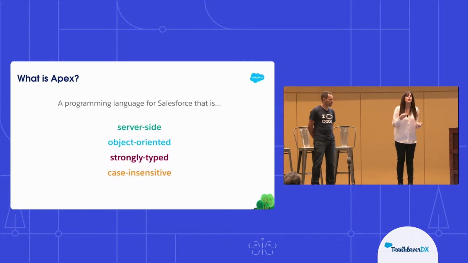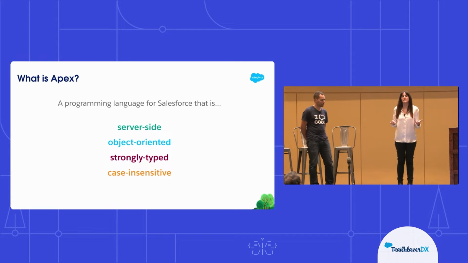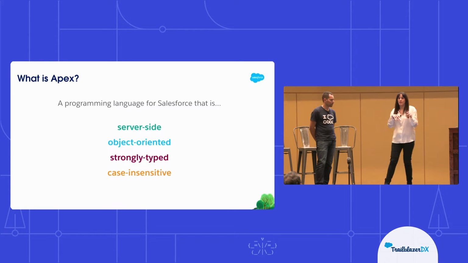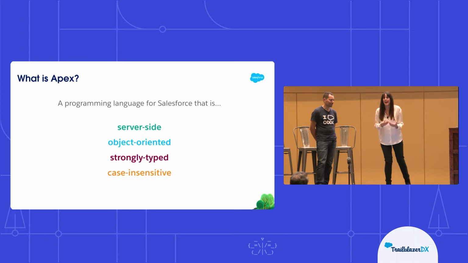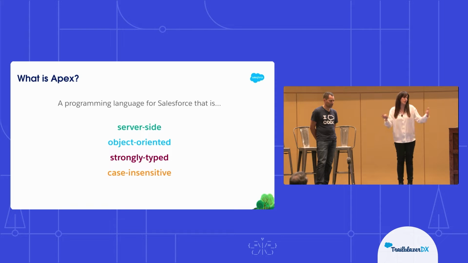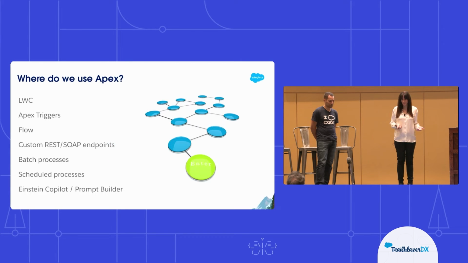And it is also case insensitive, which means that you can write it with uppercase, lowercase, whatever you want, but please don't do it. Please try to agree a naming convention with the developers of your same project, and try to follow a consistent case sensitivity strategy.